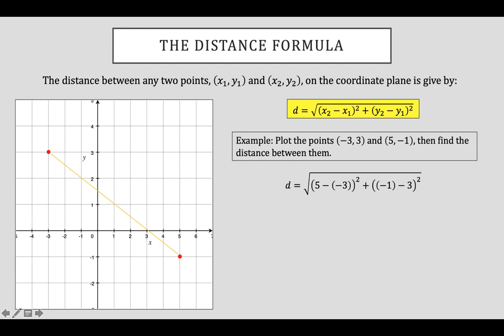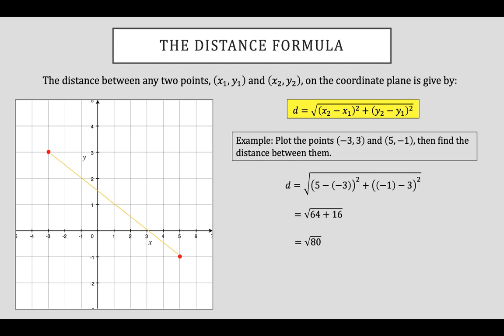We can do a little bit of algebraic simplification here. 5 minus a -3. Notice that when we subtract negatives, we are going to add. This gives us the square root of 8 squared. 8 squared is 64, plus a -1 minus 3, that would be -4 squared, which gives us 16. Adding those together gives us the square root of 80.